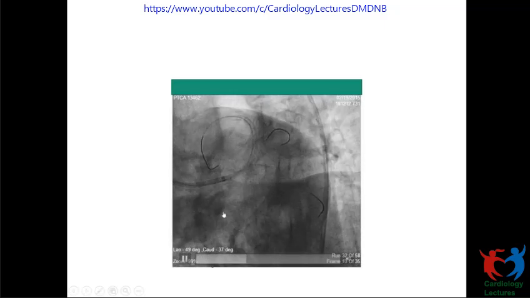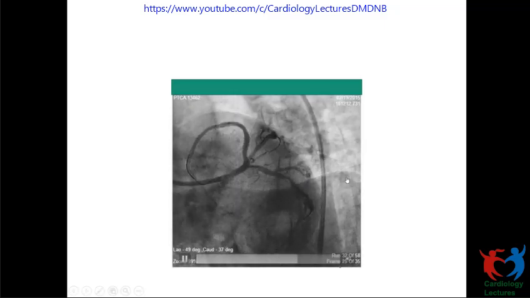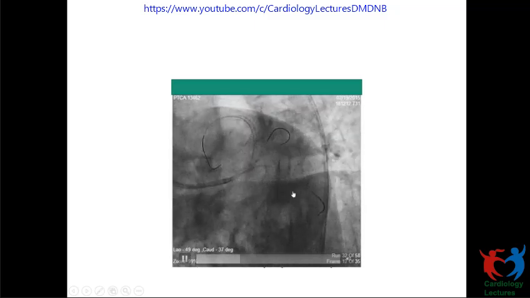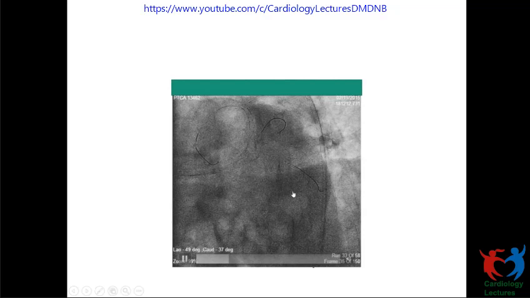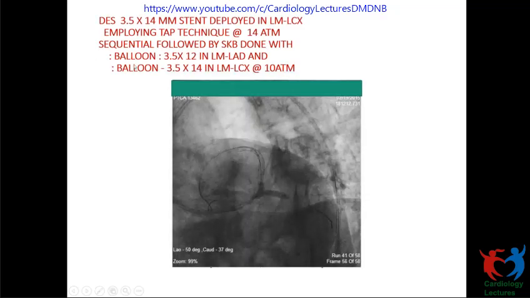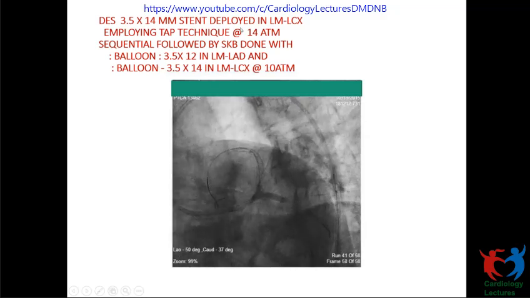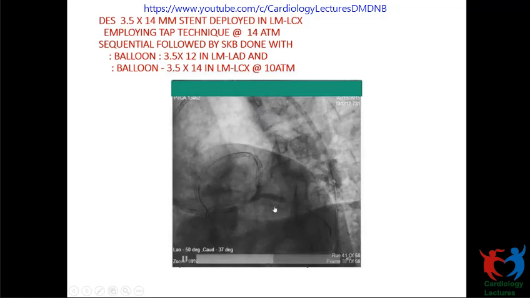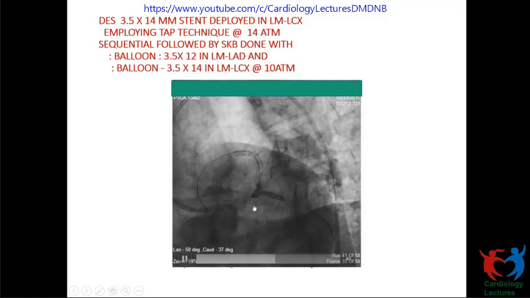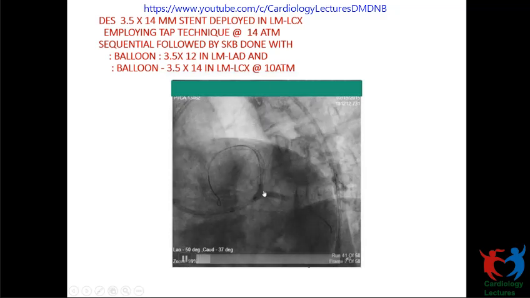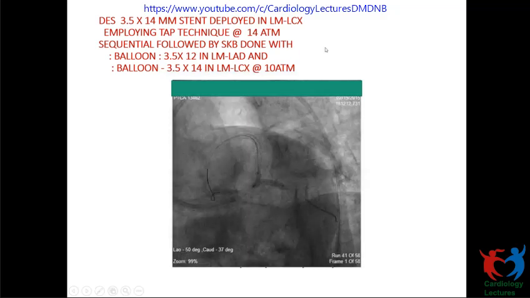Then this is the cine after the crossing, and so far things are comfortable. Then we have taken another stent, 3.5 into 14, which is deployed in left main to LCX, and we made sure that it is coming inside the left main to complete the ostium of the LCX.